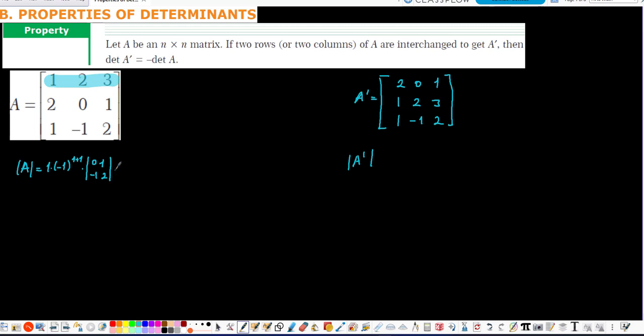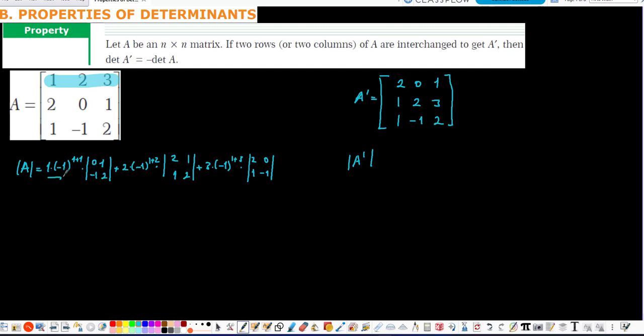Then plus the second entry, 2, times minus 1 to the power of 1 plus 2, times the minor of the matrix, 1, 1 and 1, 2. Then the last one is 3 times minus 1 to the power of 1 plus 3, first row, third column, times the minor when you close the first row and third column, which is 2, 0, and 1 and minus 1.